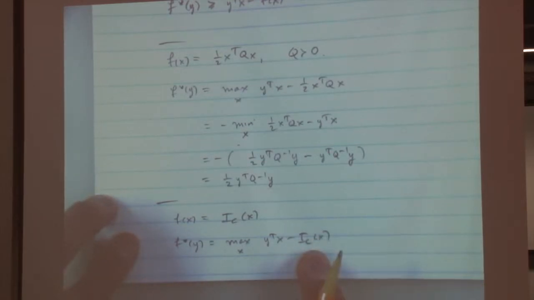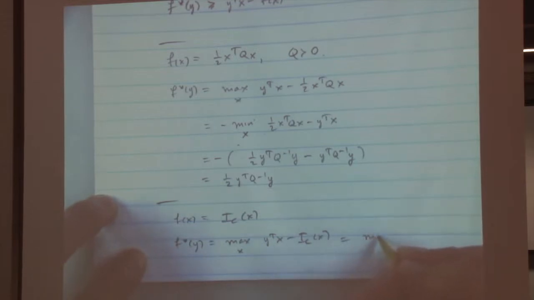This is going to be equal to negative infinity when x is outside of the set C. So really this is just the maximum, and it's 0 otherwise, over all x in C of y transpose x.